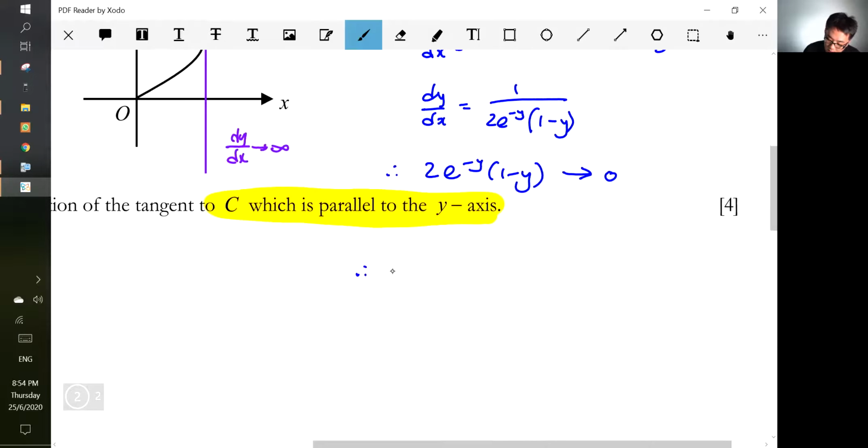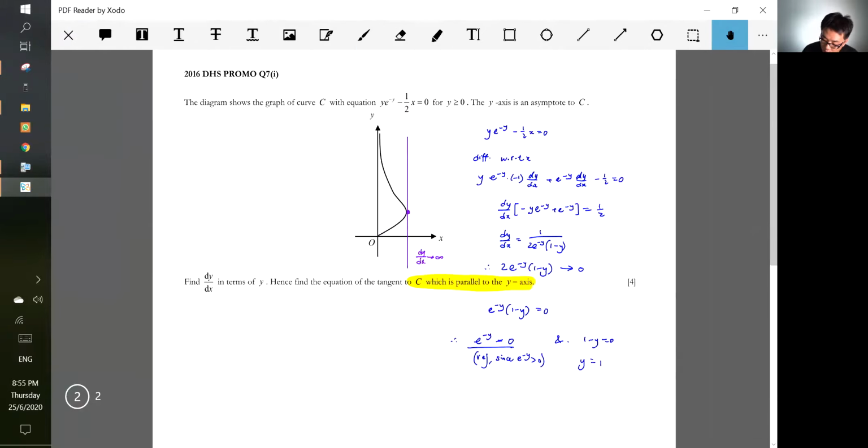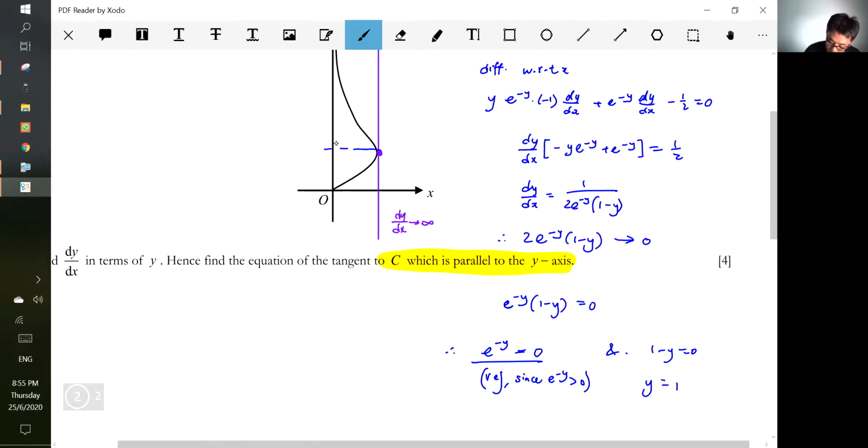So hence e^(-y)(1 - y) equals 0. But e^(-y) cannot be 0 because it is always positive, and 1 - y equals 0. So y goes to 1.